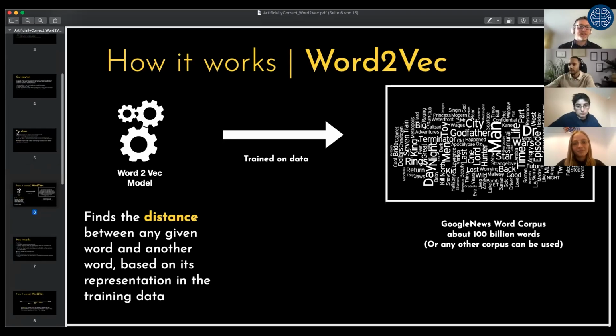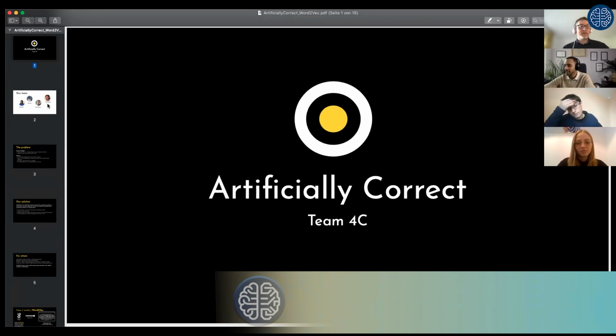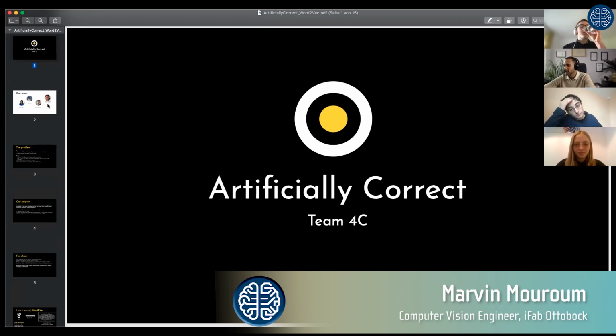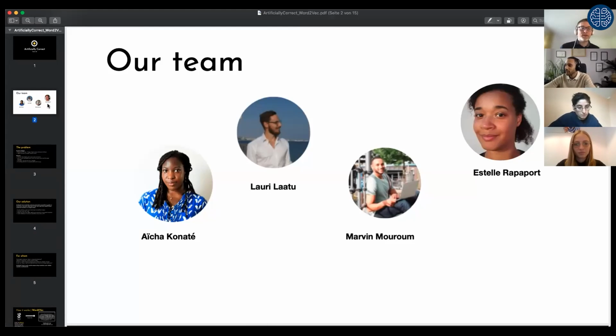So let's start here. Yes, so we were the other team. Specifically, we worked on the solution to the challenge that Danielle just explained. To give you a quick summary about our team, we were four people. The two people on the left side, we knew each other before, and Estelle joined the team newly, so we didn't have any relationship before that.